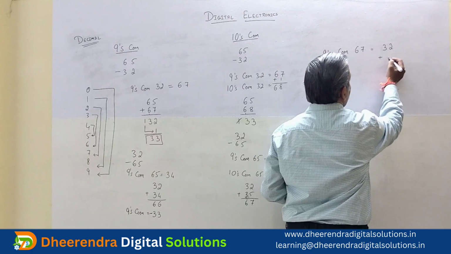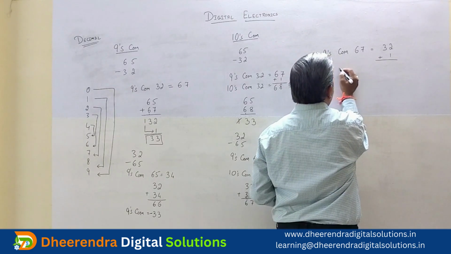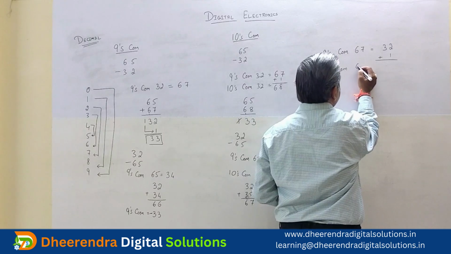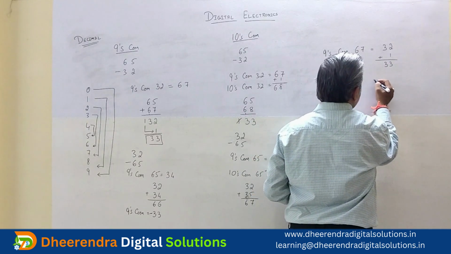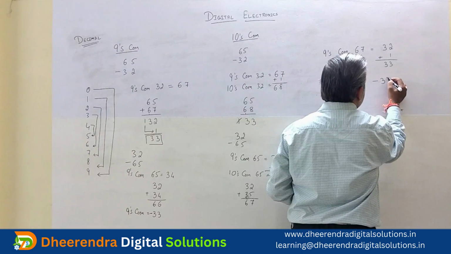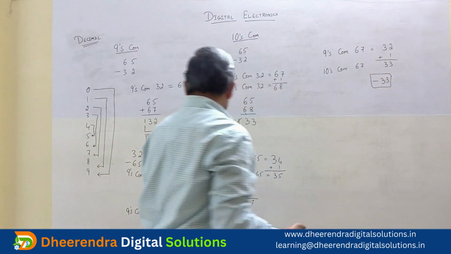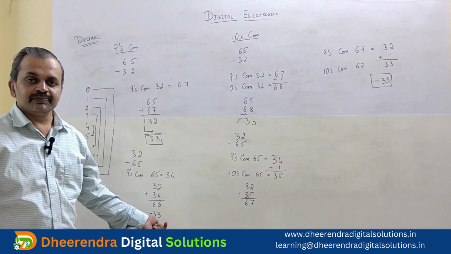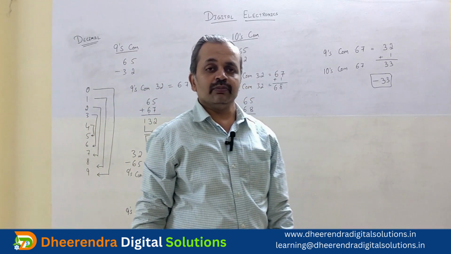Plus 1 has to be done to obtain 10's complement of 67, which is equal to 33. So the result is minus 33. So this is the final result that we get, which also matches with this result, right? So this is how we perform tens complementary technique.